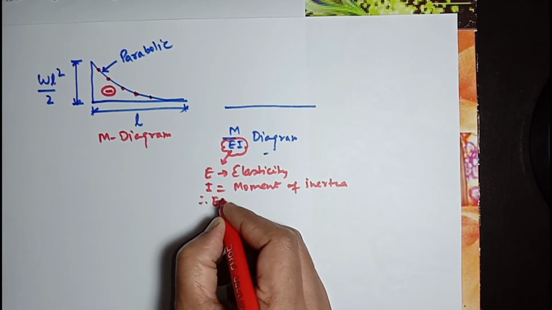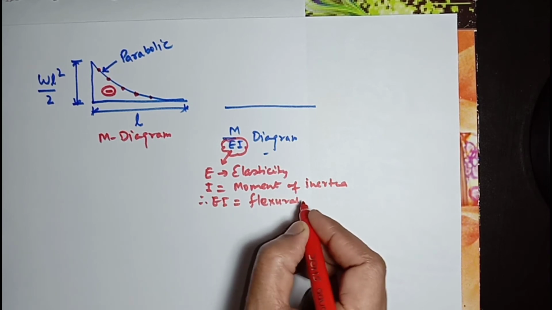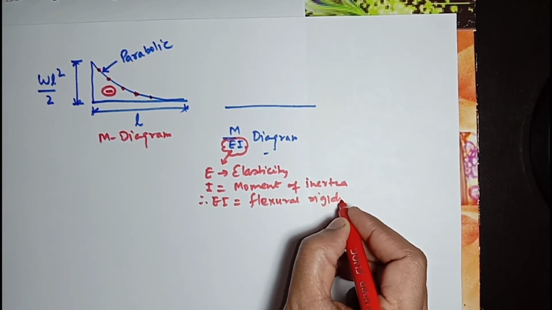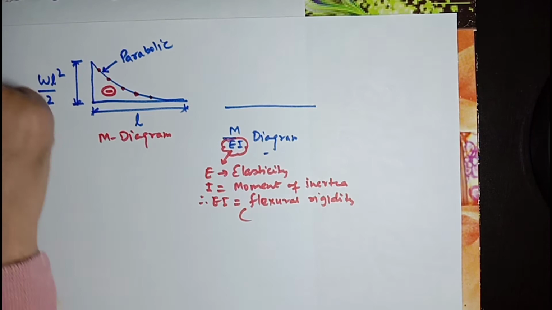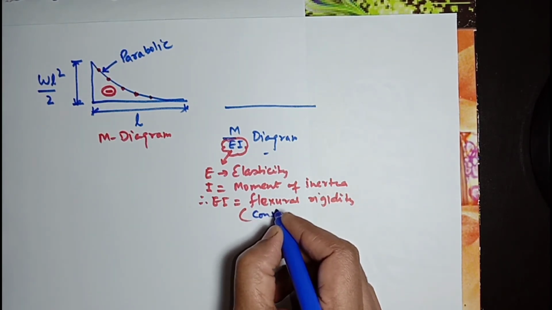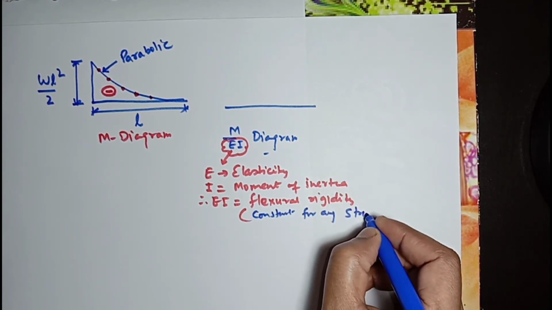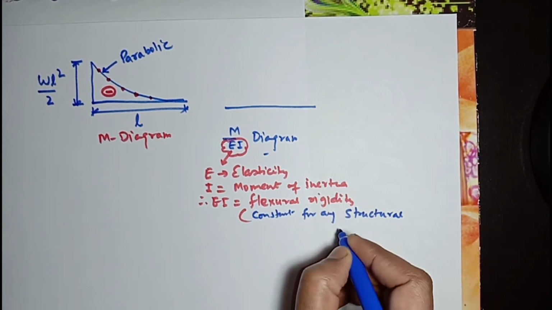So EI is flexural rigidity. This is constant for any structural member.